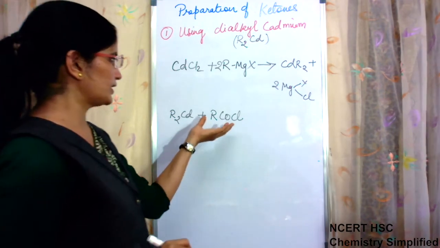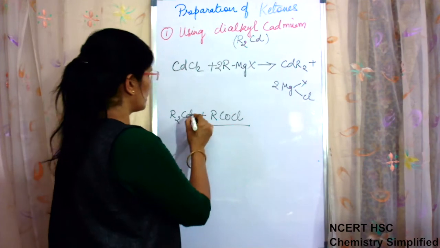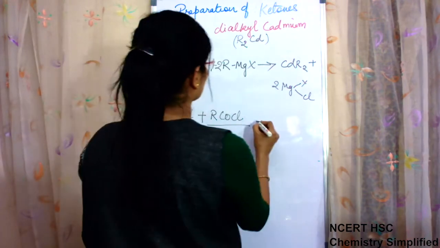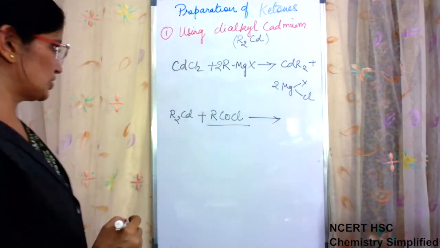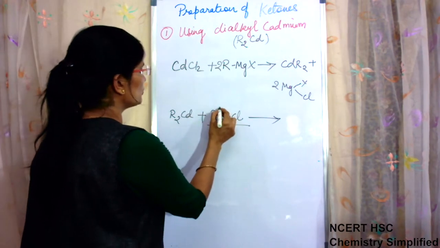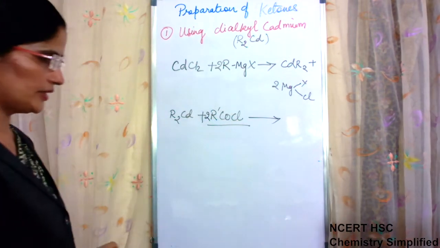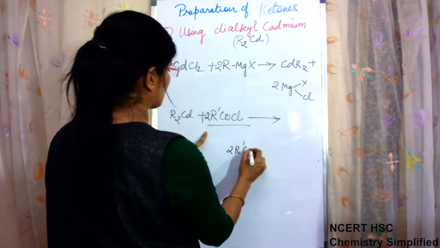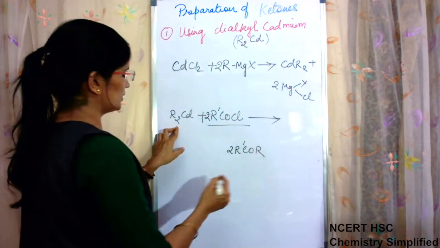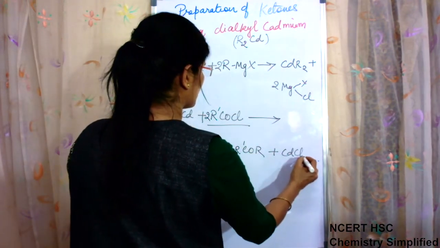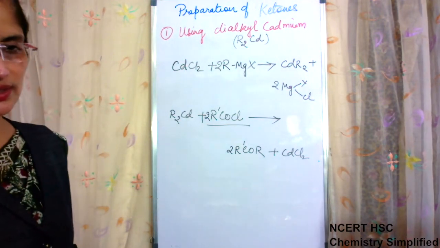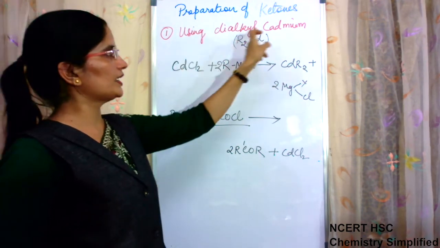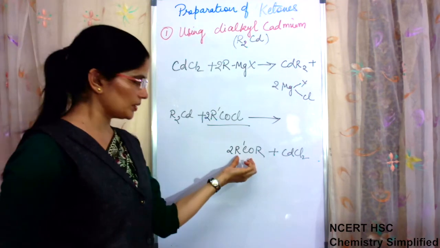That means the actual reactant in this reaction is RCOCl, which is reacting with CdR2. When this reaction is taking place, let us differentiate the two Rs as R dash here, and two molecules of it will be required. Then it will result in the formation of 2 R'COR plus CdCl2 as byproduct in this reaction. Okay, so this is preparation of ketone using dialkyl cadmium.